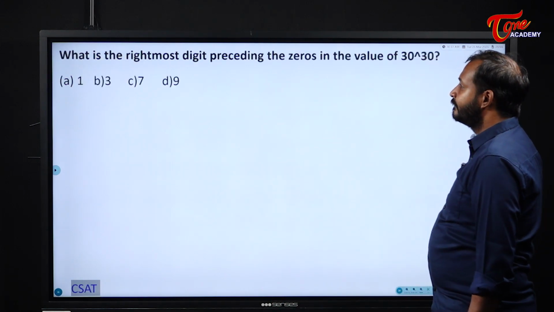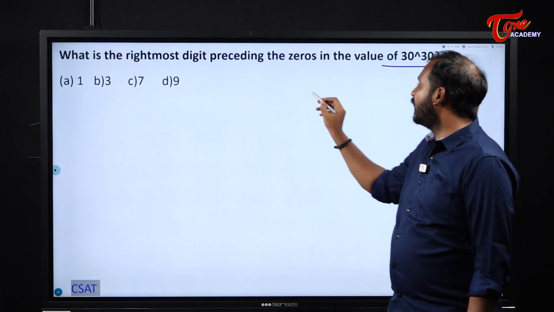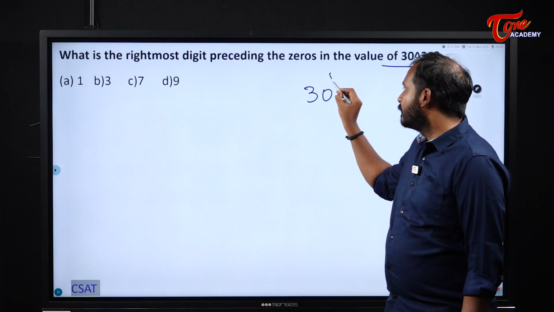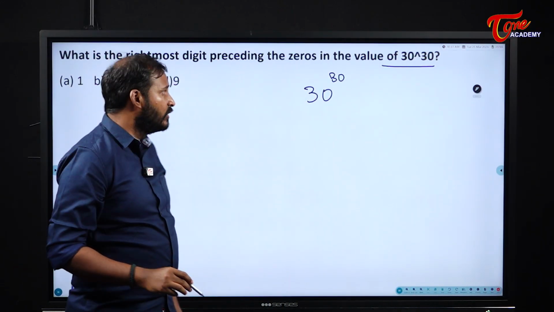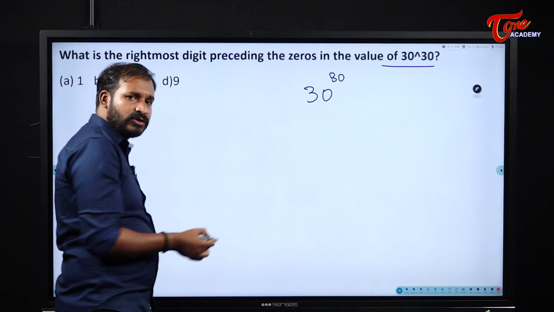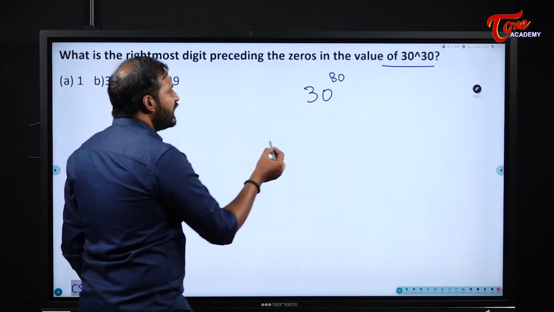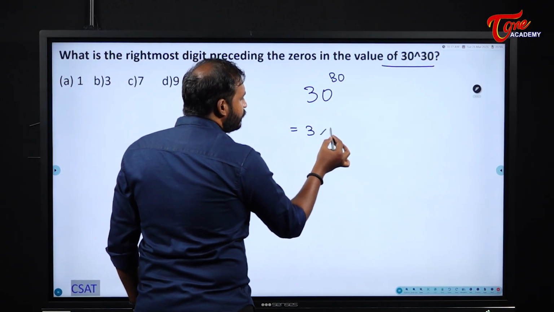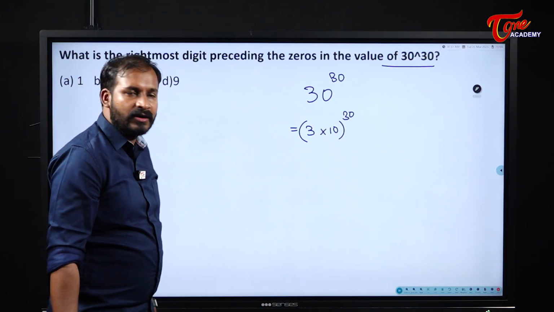Okay. Next one. What is the rightmost digit preceding the zeros in the value of 30 to the power of 30? In our first introduction also we have seen this same problem. We will see it now. They are asking for the rightmost digit preceding the zeros. That means I can write this value as 3 into 10 whole to the power of 30.